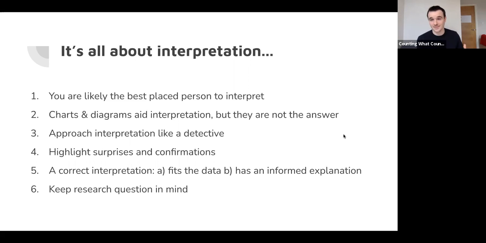Even though I may sometimes use jargon, I think it's really important that when I'm talking to you about data, and when we as Counting What Counts talk to you about data, we do sometimes use the jargon that's commonly used, because otherwise you'll be talking a different language to the rest of the world when it comes to data.